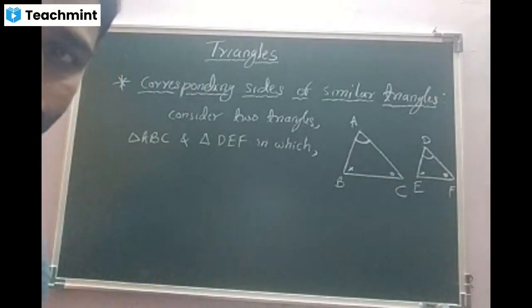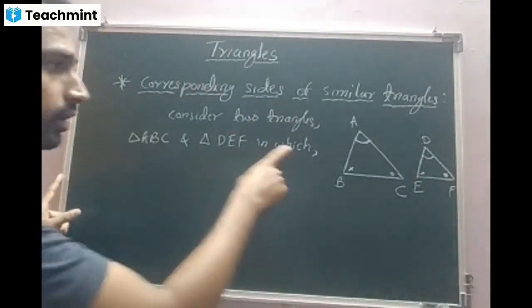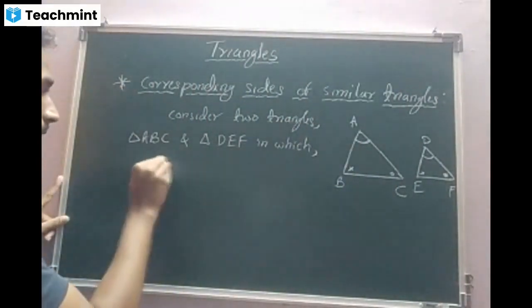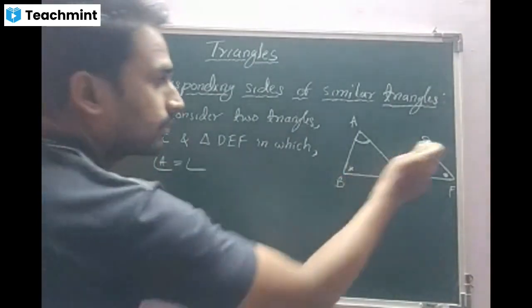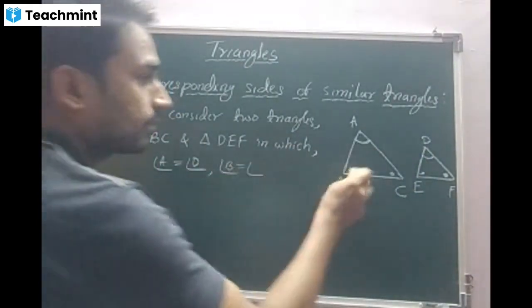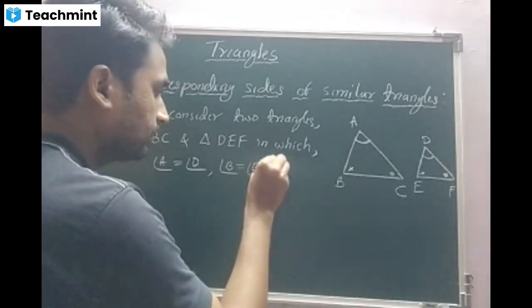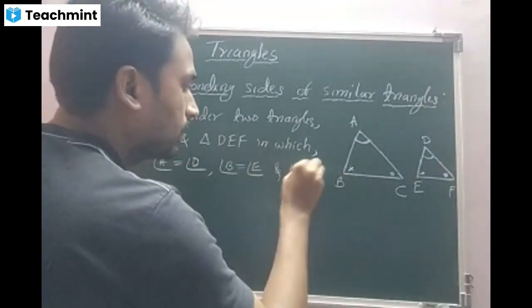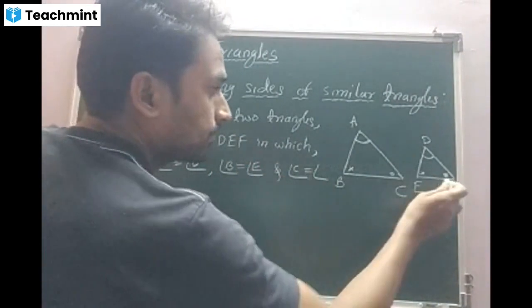Are you getting my point? So I'll continue. In which angle A is the same as angle D, angle B the same as angle E, and angle C the same as angle F.